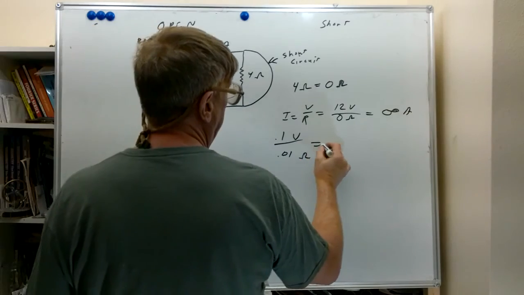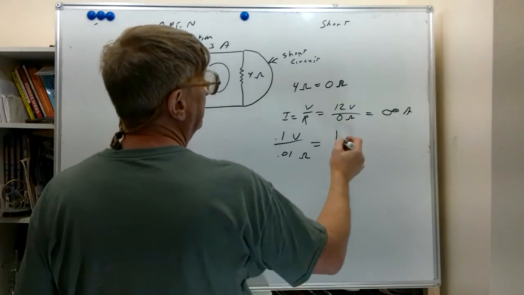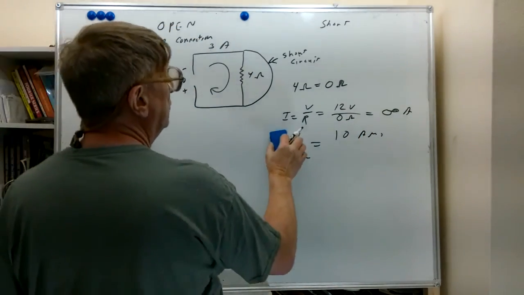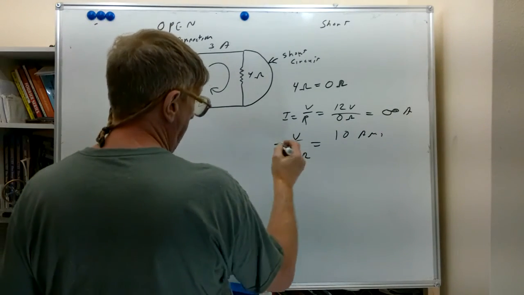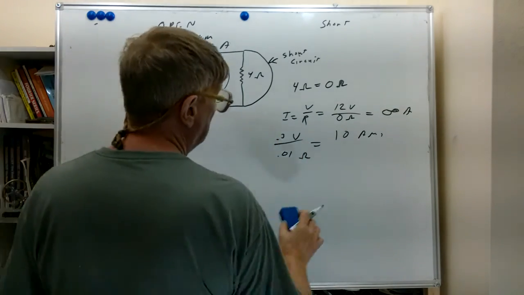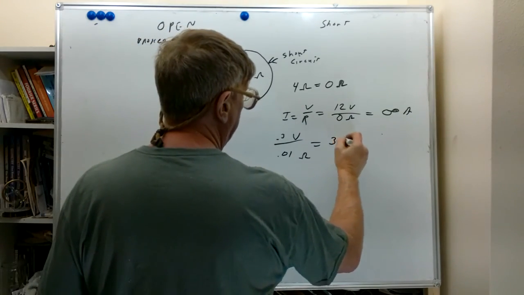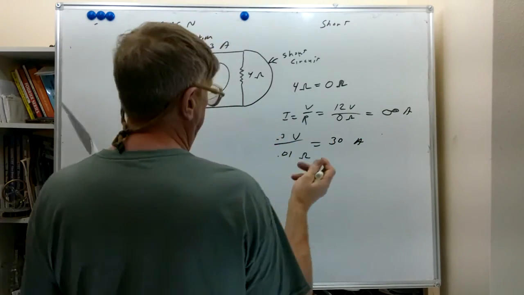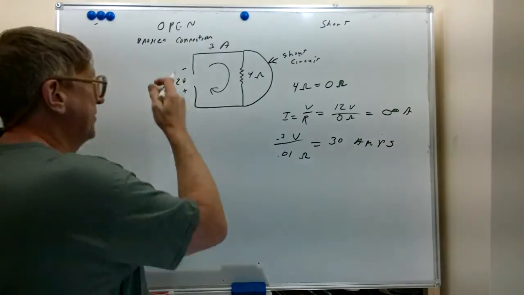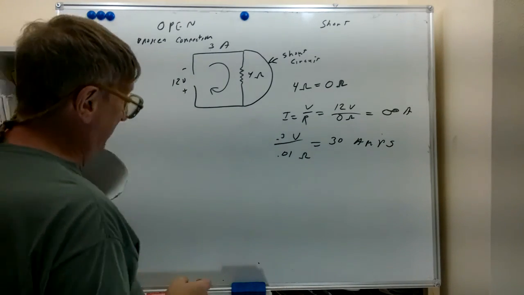Now we end up with maybe 10 amps. Or maybe this voltage only goes down to 0.3 volts, and we end up with maybe 30 amps, which is still way above the original 3 amps that are supposed to be there. And that can cause damage.